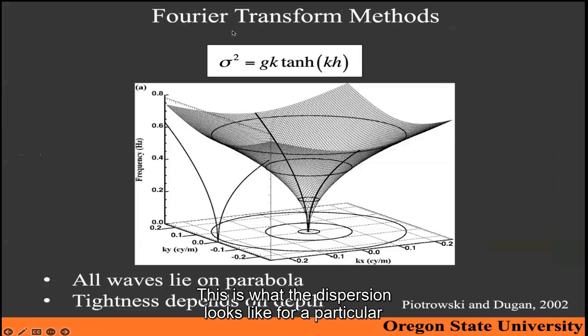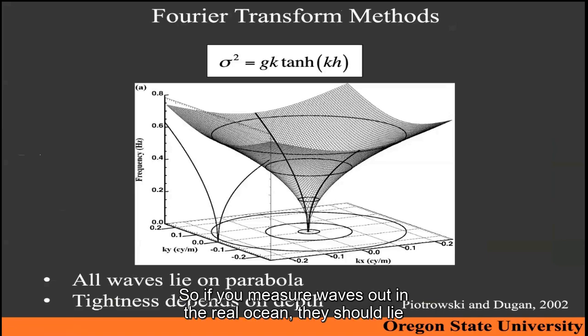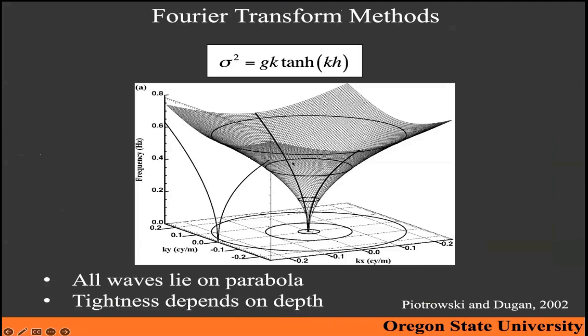This is what the dispersion looks like for a particular depth. So it's this parabolic conical thing. And the tightness of the cone depends on depth. So if you measure waves out in the real ocean, they should lie on this surface.